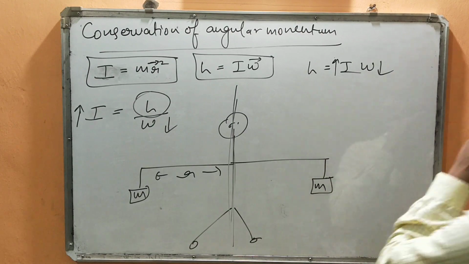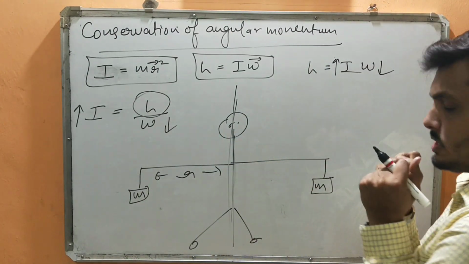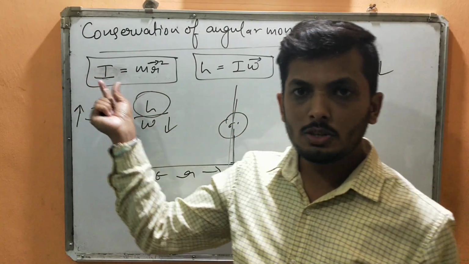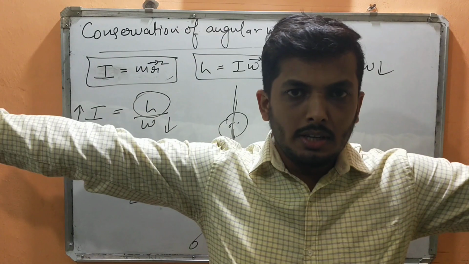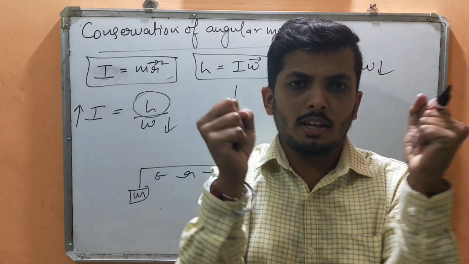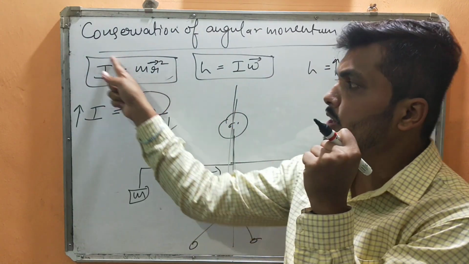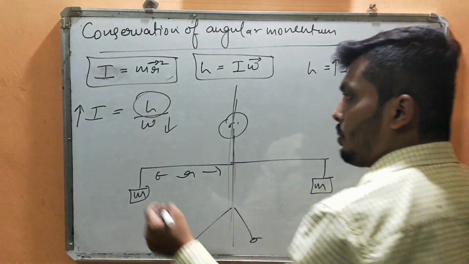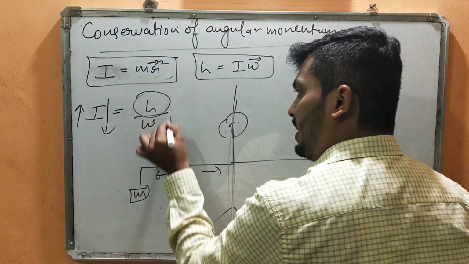In the second case, what happens? He just closes his arms. So once he closes his arms, this I will decrease. Why? Because R will become 0. R will become 0, right? He is bringing his arms closer, closer and closer. The R becomes 0. So once R becomes 0, the moment of inertia will become 0. In this case, moment of inertia is decreased and the angular velocity will increase.